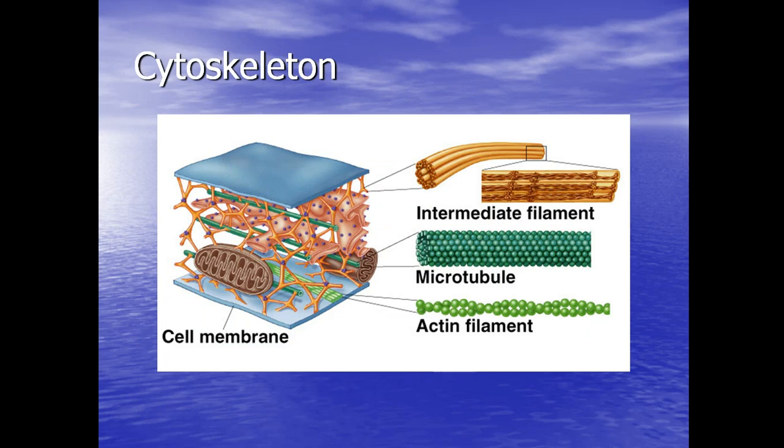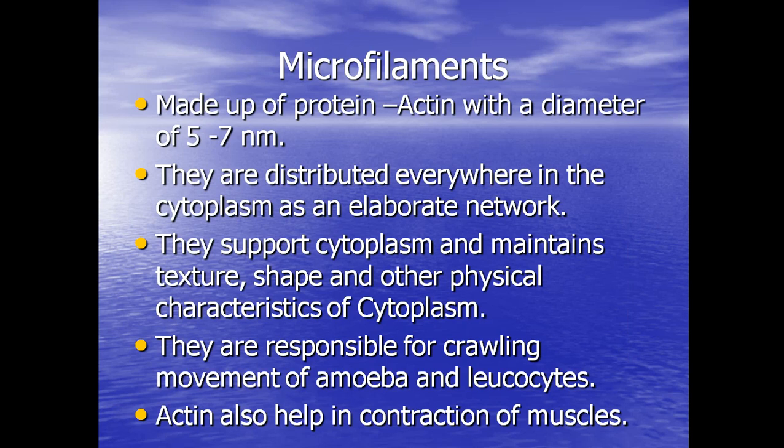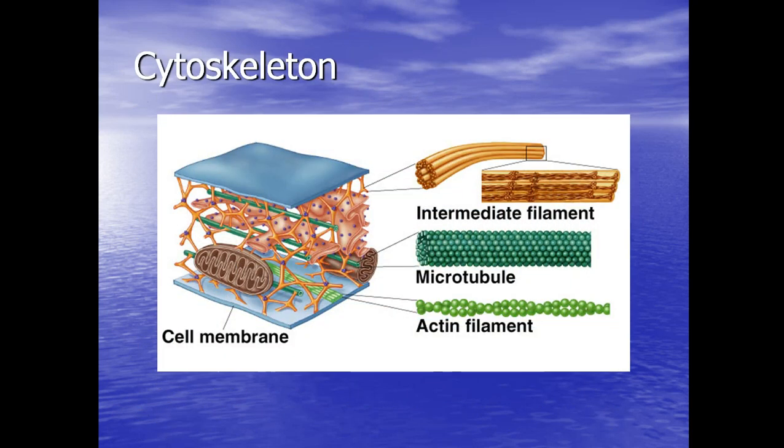This is the actin filament, that is, the microfilaments are made up of actin. This is how they are arranged. So actin is involved in three things: support of the cytoplasm, maintaining texture, shape and physical characteristics; the crawling movement of amoeba or leukocytes; and it also helps in the contraction of the muscles.